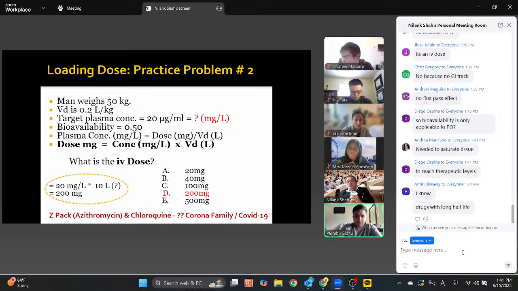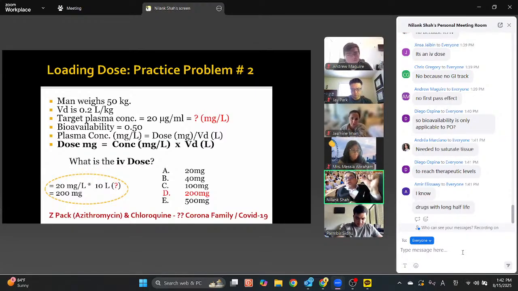Loading dose is used to achieve those therapeutic levels on the first dose. I love it. Superb. So the loading dose, usually it is intravenous, but not always. Very good job.